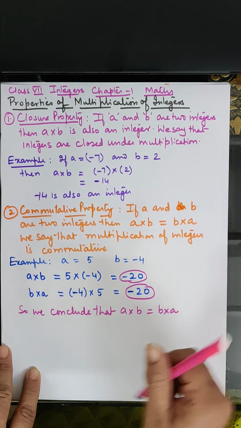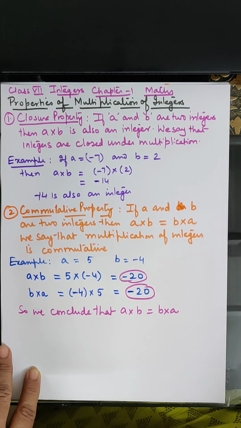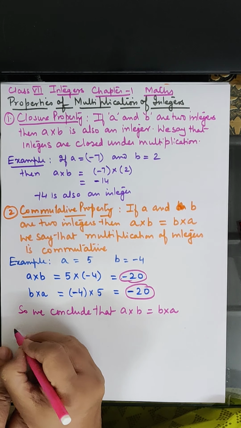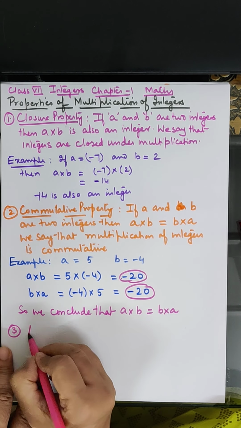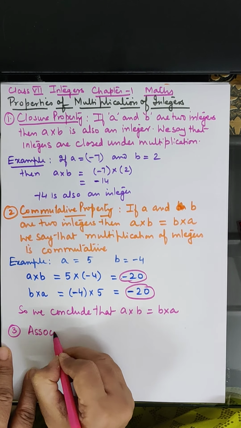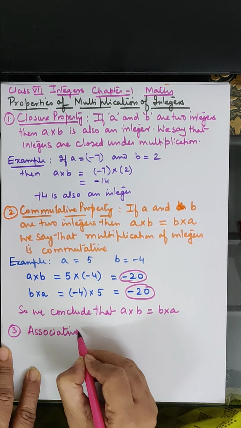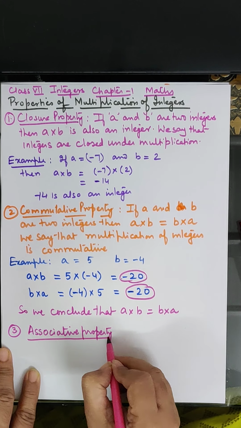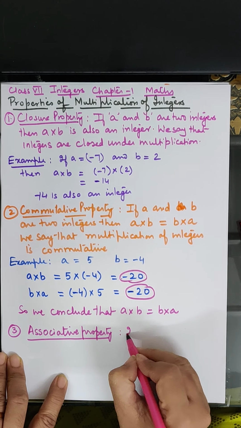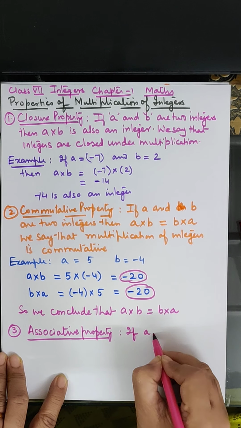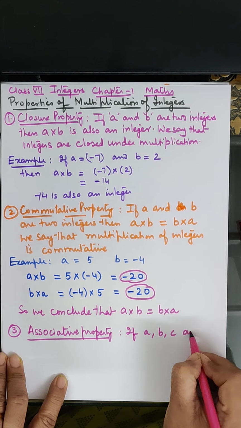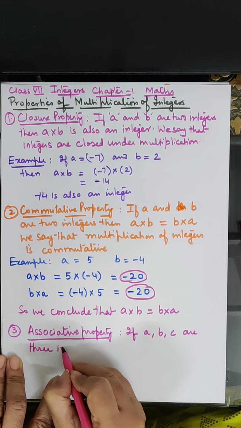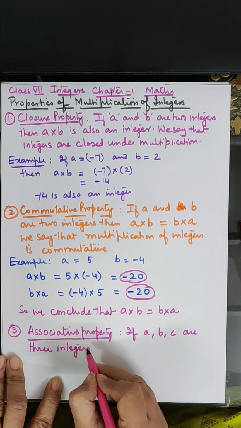Then next is the associative property. Okay. Now in this case, if A, B and C are three integers, right?